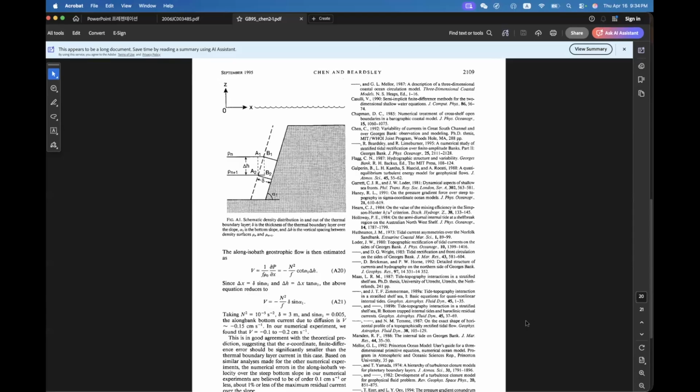Professor Chen, we and Park should look at this paper very carefully. The boundary condition for temperature, as you said, dT/dZ needs to be 0. So does all this problem really come out from that condition?